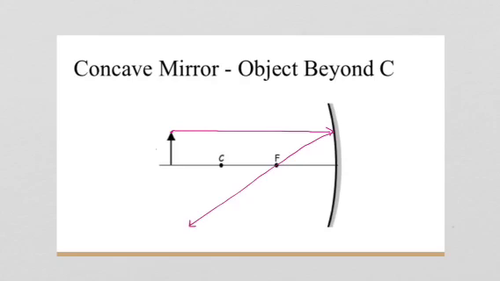And I can do this again with an incident ray that goes through the focal point and reflects parallel to the principal axis.